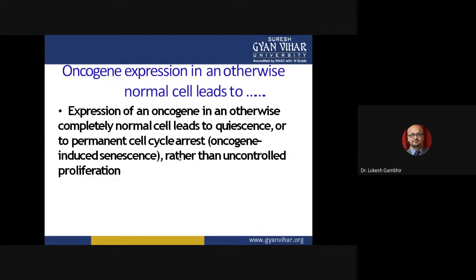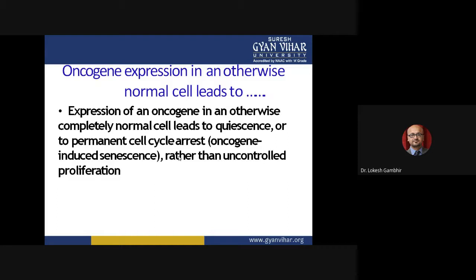So when we are talking about oncogene expression in normal cells, cells which are not infected by any viruses and have no mutation, if there is an expression of these oncogenes, the cells will go to quiescence, or to permanent cell cycle arrest, or they will never be allowed to go for uncontrolled proliferation.